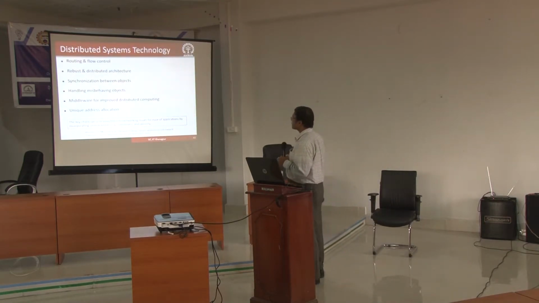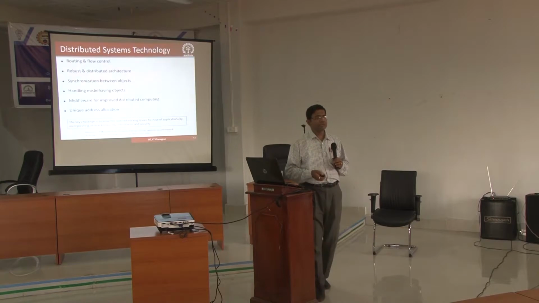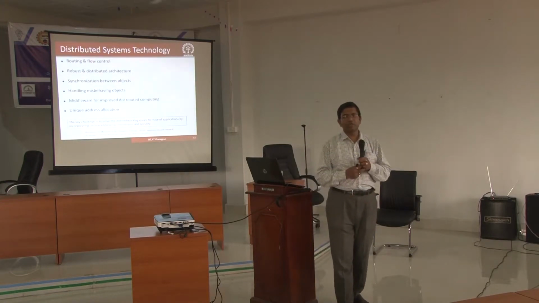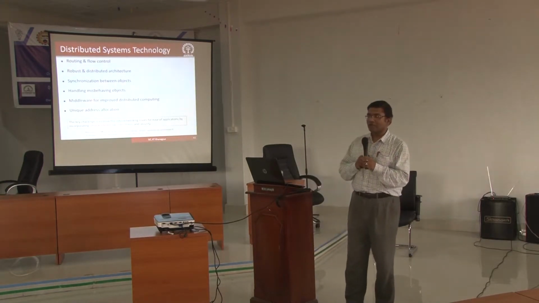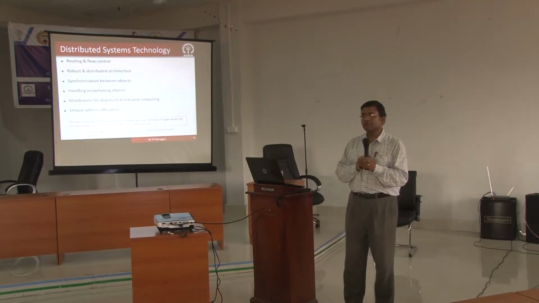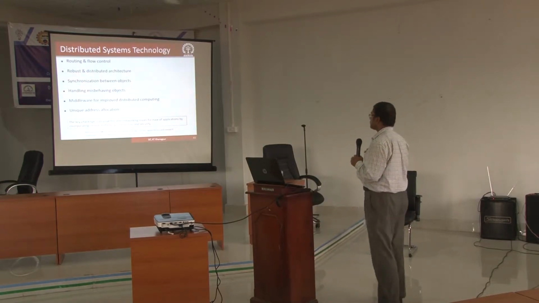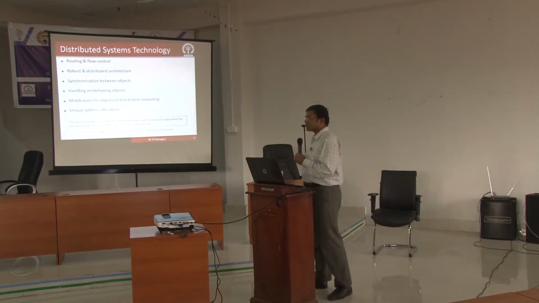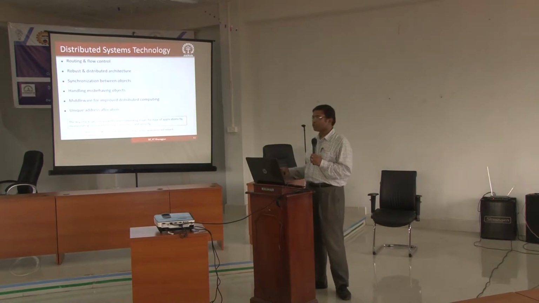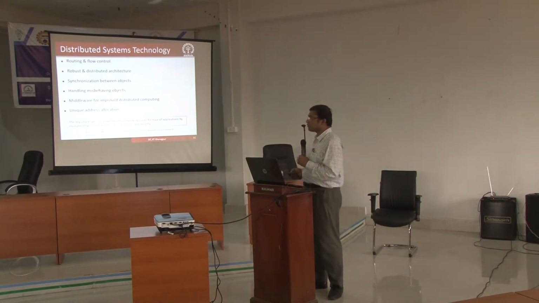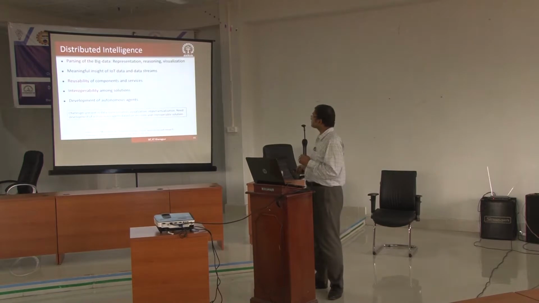All your issues of routing, flow control, synchronization between the different objects, misbehavior between the different objects, address allocation, and so many other things come associated with the distributed architecture. You have to come up with solutions that cater to this distributed requirement. Not only that, as I said, whatever solution you propose has to be a low power, low resource consuming solution for a distributed environment.